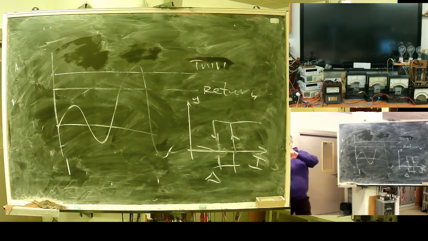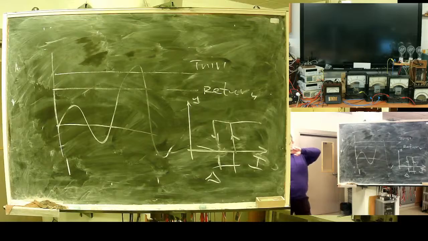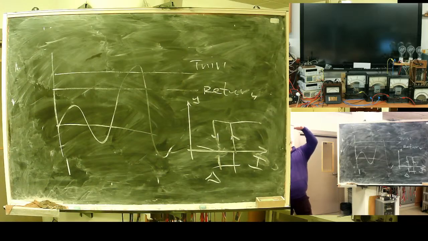So in general, I need to produce two signals, return and trigger. Okay, trigger. Trip jumps up, and the trip may disappear only by the return signal, which releases this trigger.